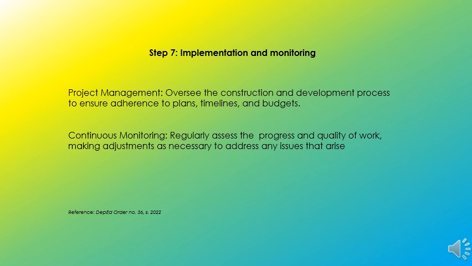First, we need project management to oversee the construction and development process to ensure adherence to plans, timelines, and budgets. After that, we need monitoring. Regularly assess the progress and quality of work, making adjustments as necessary to address any issues that arise.